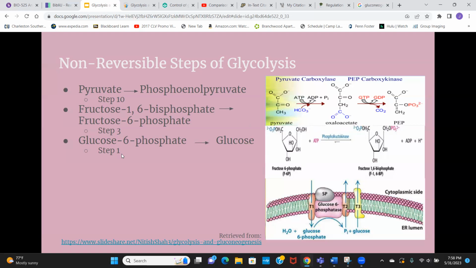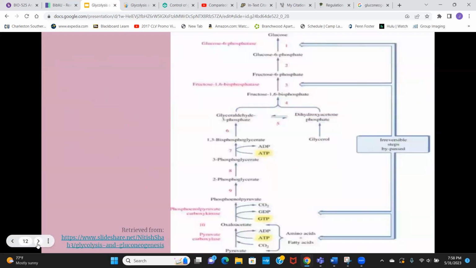Remember, when hydrolysis occurs, we're producing a molecule of water, H2O. So it's going to occur via hydrolysis as well. We create a molecule of water, and this becomes catalyzed by glucose 6-phosphatase, and it's going to be converted into glucose with a Pi left over. Okay, so these are our 3 non-reversible steps of glycolysis for gluconeogenesis.